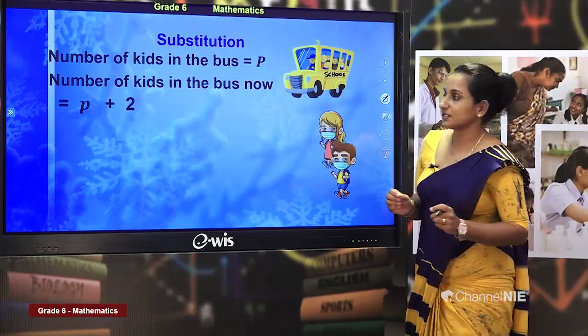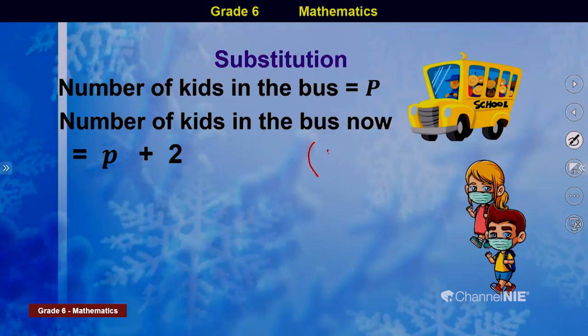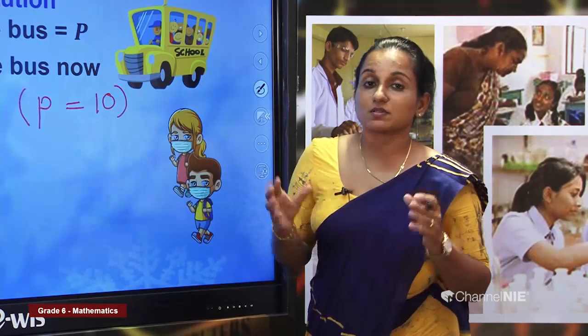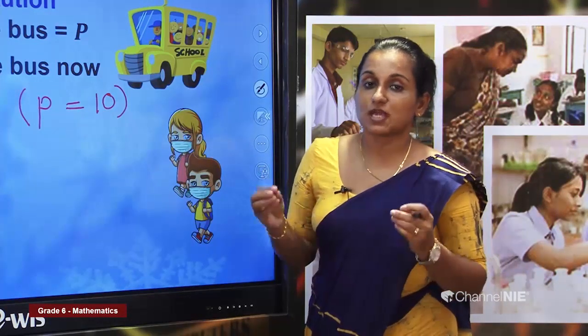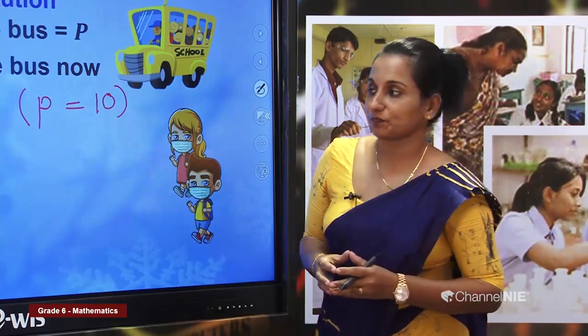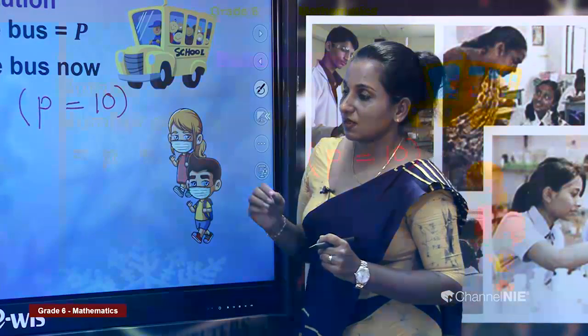I can write it like this. P equals 10. Now what we are going to do is, we are going to substitute the value p equals 10 to the algebraic expression p plus 2. This is how we are going to do this.